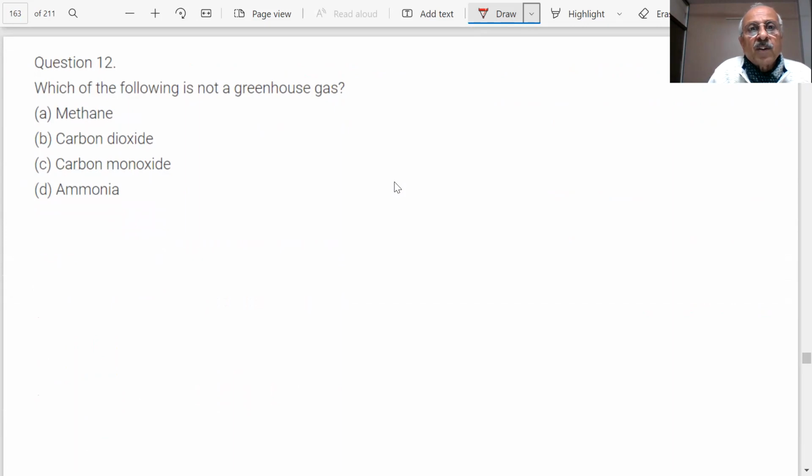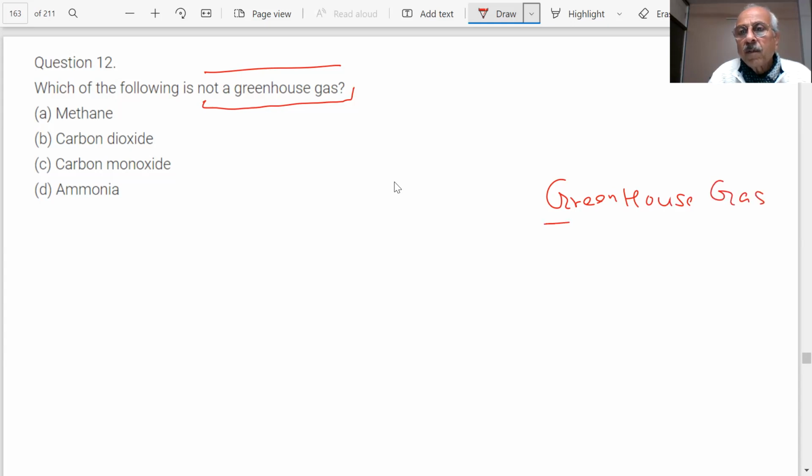Which of the following is not a greenhouse gas? Now, this is a very important point, greenhouse gas. What do you mean by a greenhouse gas, student? First question: what is a greenhouse gas? What does it do?